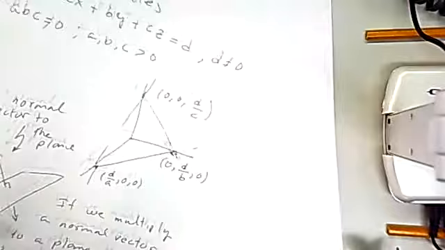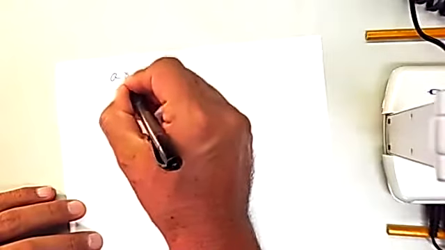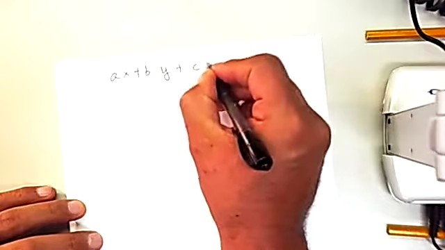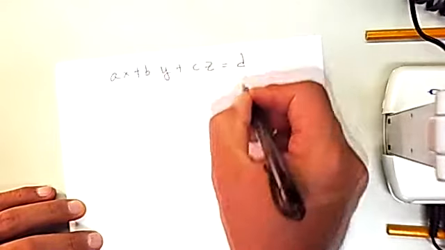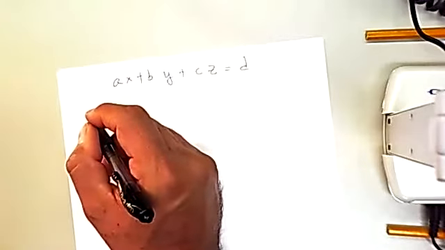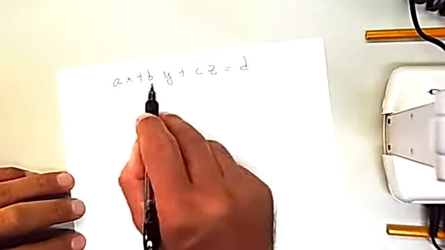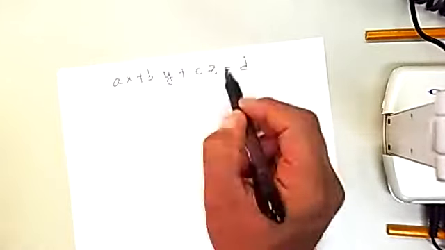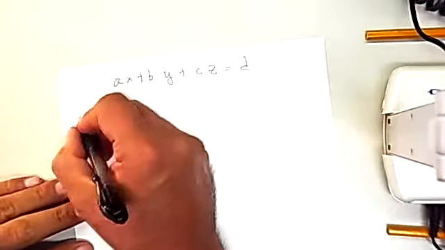Okay. It turns out that if you have the equation ax plus by plus cz equal to d, then, so this is a fact, the vector a, b, c with coordinates a, b, and c is perpendicular to this plane. Let's write it down as a fact.